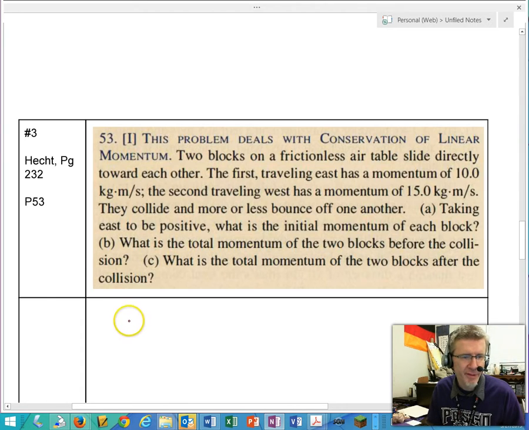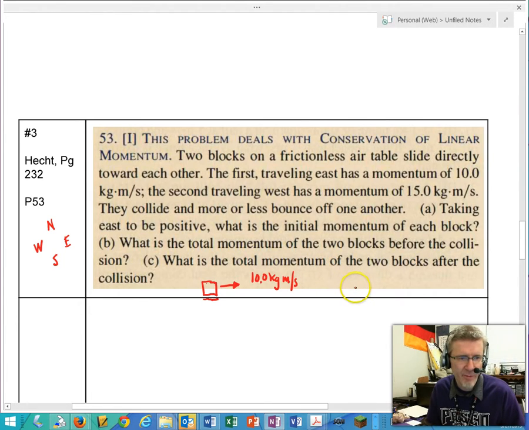2 blocks on a frictionless air table slide directly towards each other. The first is traveling east, so remember north, south, east, and west. Let's say this line here is the frictionless table, so it's going east, has a momentum, mass times velocity, of 10.0 kilogram meters per second.